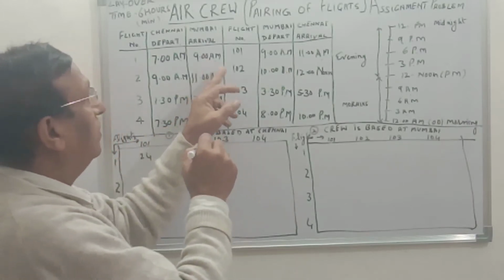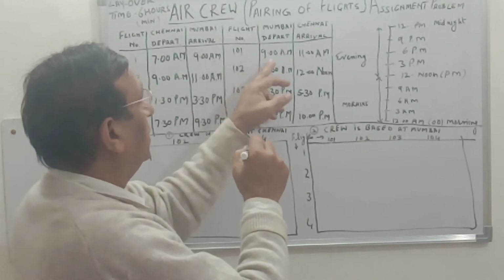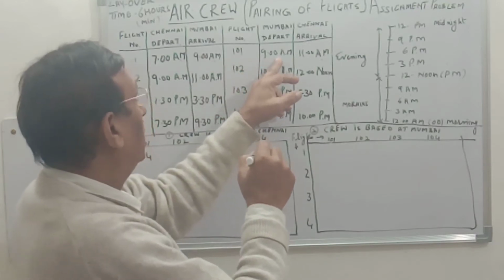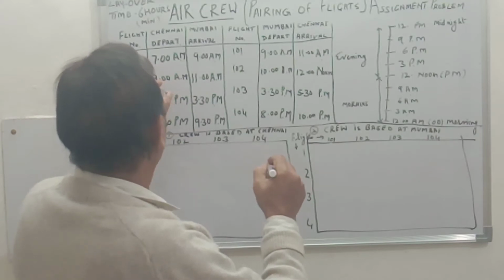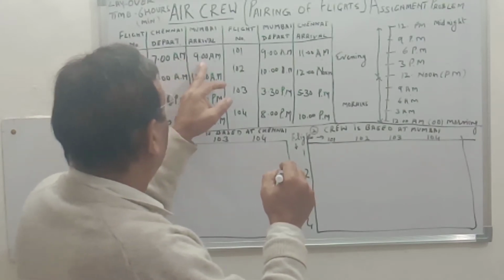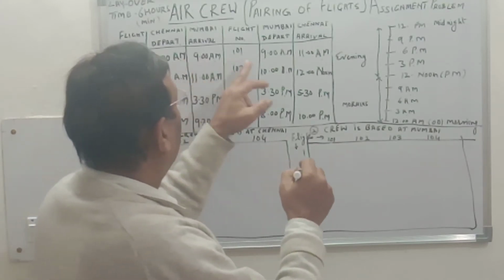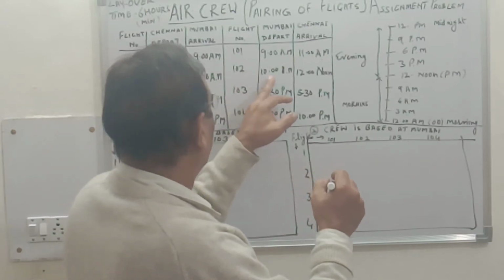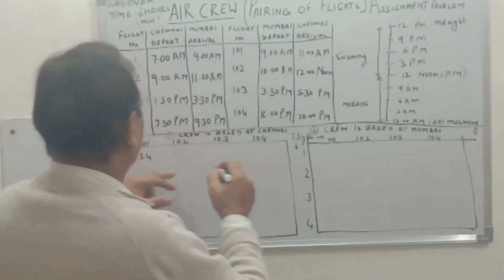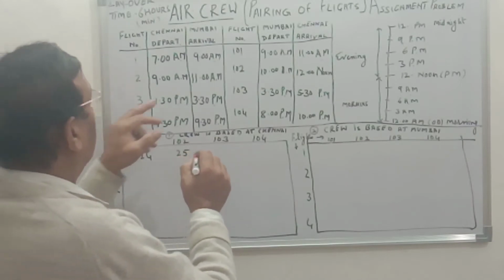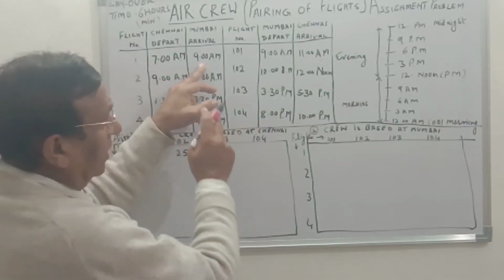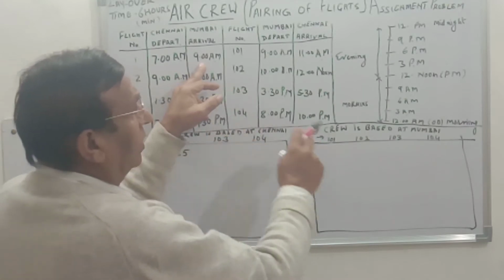So the gap is 24 hours. Arrival at 9 a.m., then if it departs by 101 at 9 a.m., again 24 hours. Then flight number 1 arrives at 9 a.m. and departs as 102 at 10 a.m. So it is 25. Try to understand, it's not easy to calculate each and every time.